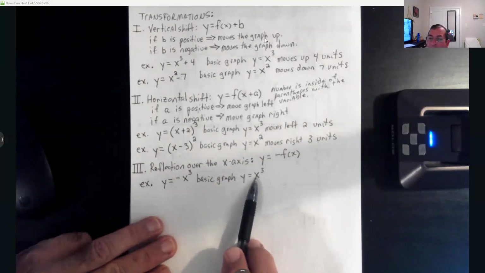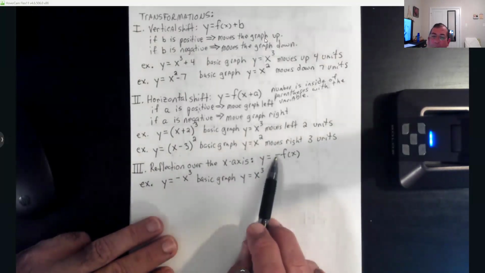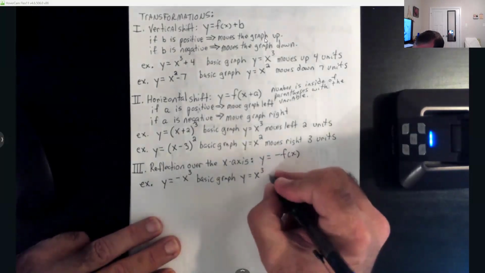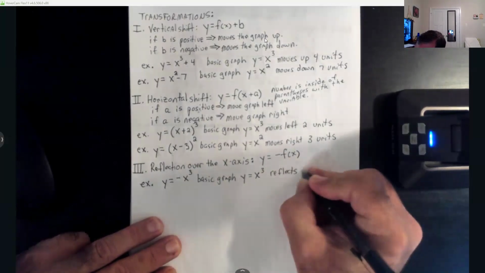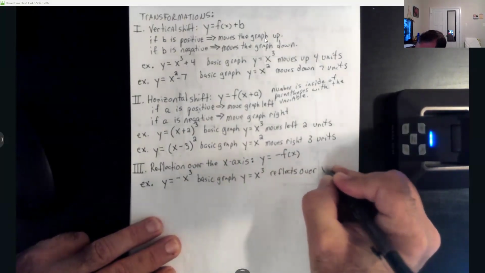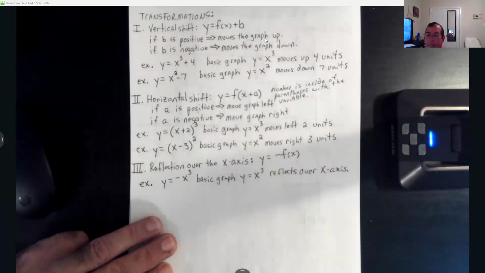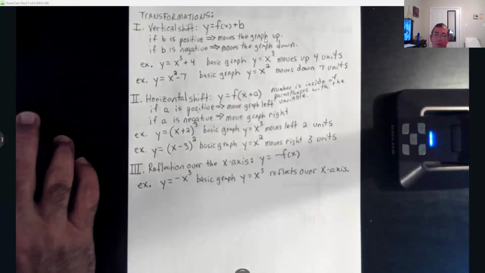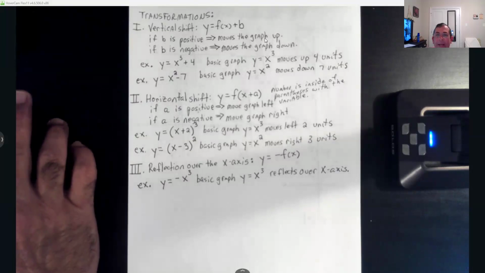So that's the basic graph you're starting with. And then that negative in the front of the function, well, we got a negative in front of our function. That means it reflects over the x-axis. Okay, y'all, so reflecting over the x-axis only, okay?